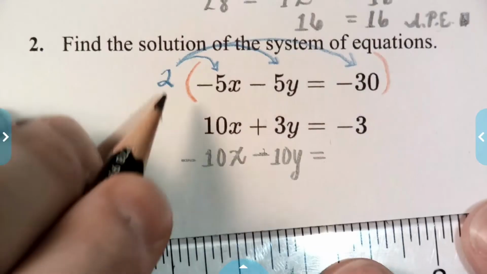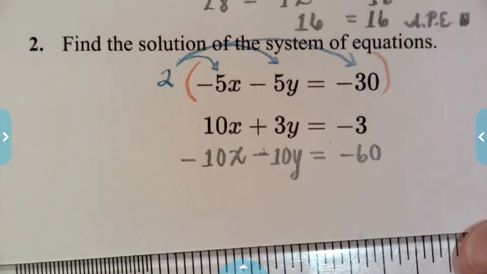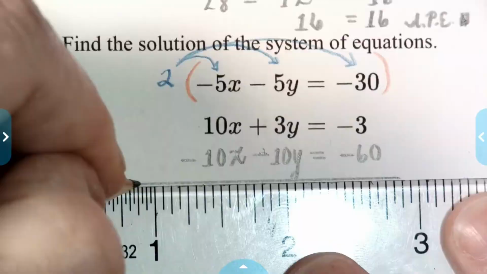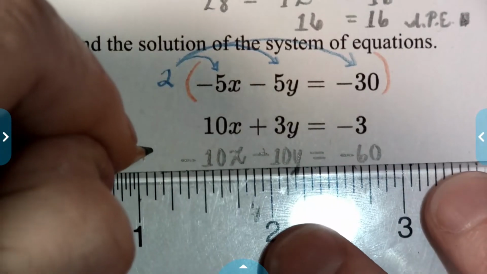Okay, equals 2 times negative 30 equals negative 60. Okay, so now I can proceed, right? I can draw a line and I can put a plus symbol here.